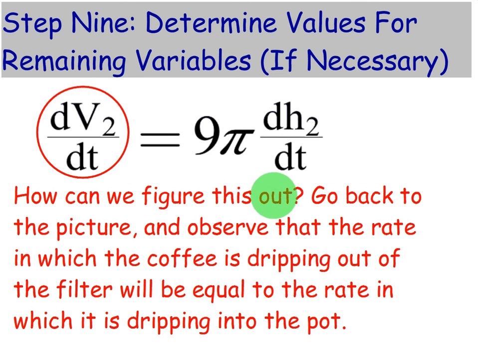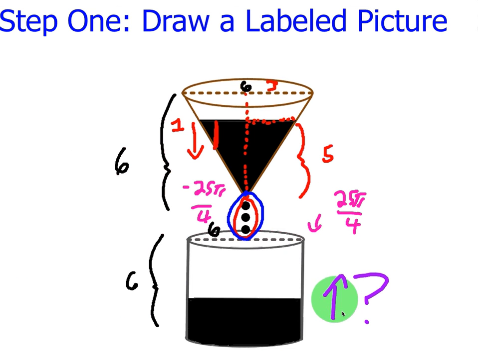How can we figure this out? Go back to the picture and observe that the rate at which the coffee is dripping out of the filter will be equal to the rate at which it is dripping into the pot. So that's another reason why we want to draw a picture. Here's the coffee dripping down into the pot.